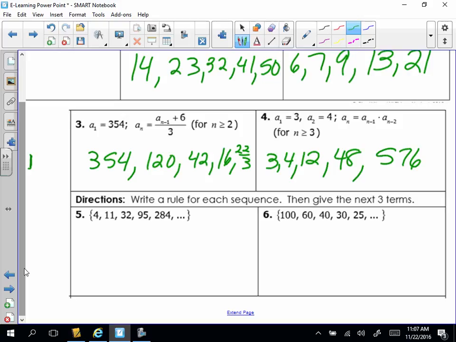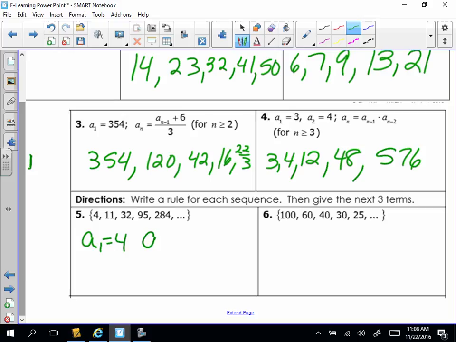The next ones are the harder ones. You've got to try and figure out what the pattern is and write the rule. So if I looked at this one, my first term, a sub 1, is 4.